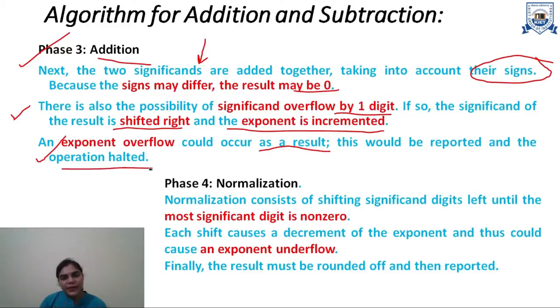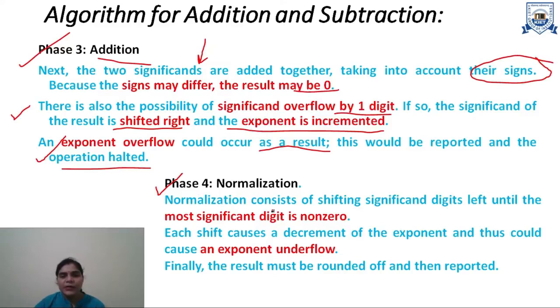If the final result is not in normalized form, then normalization will be done.